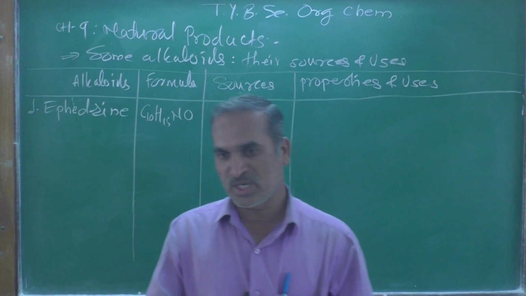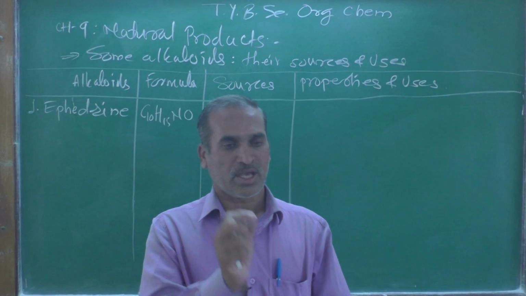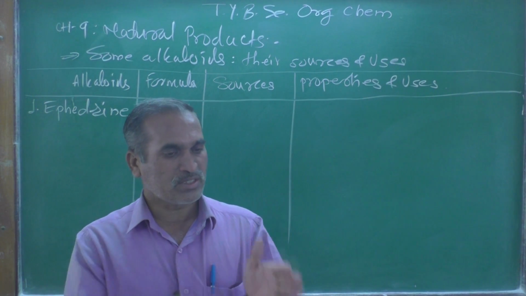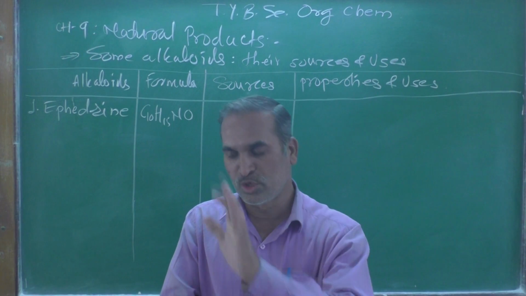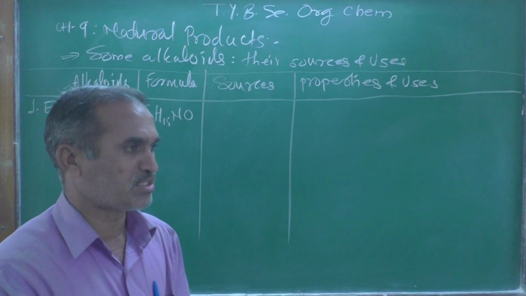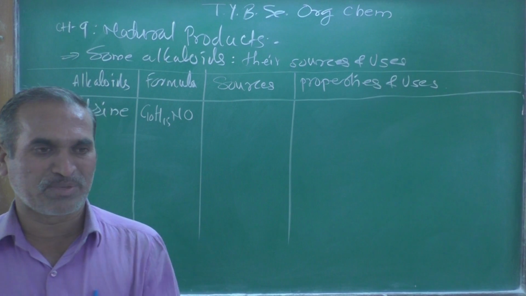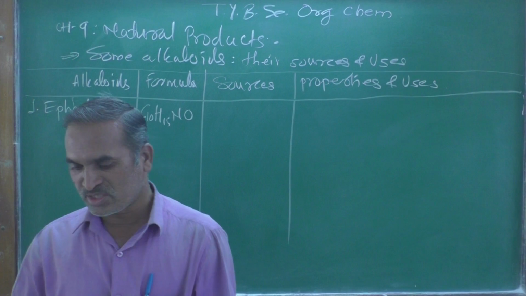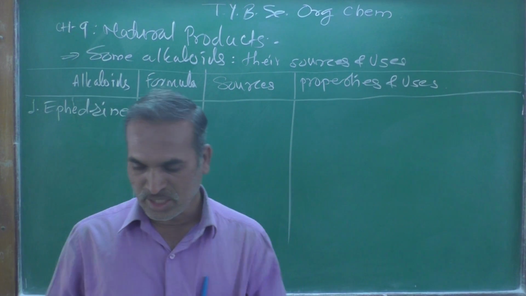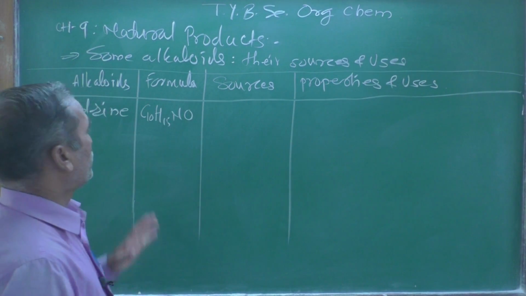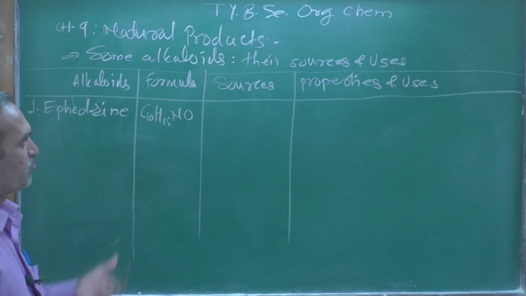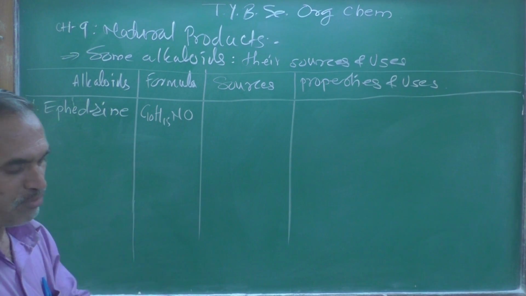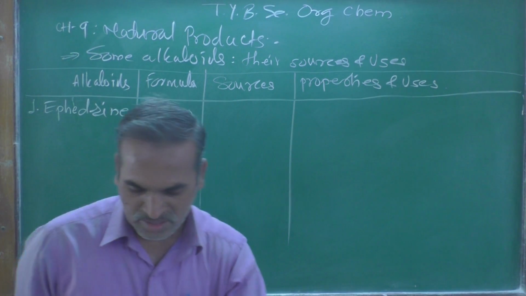According to Lewis acid-base theory, a substance which can donate a lone pair of electrons is known as a base. If you observe this molecular formula carefully, it contains a nitrogen atom, and therefore ephedrine is basic in nature.